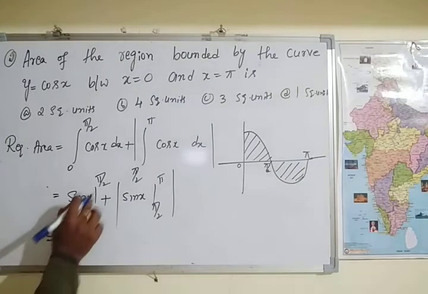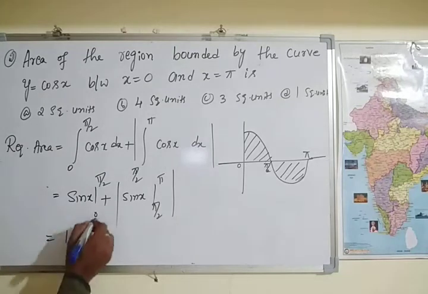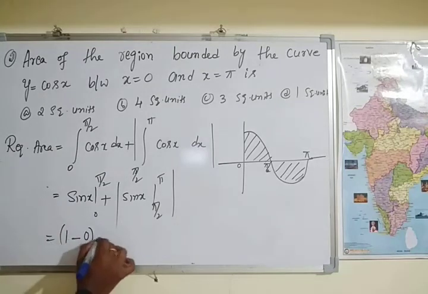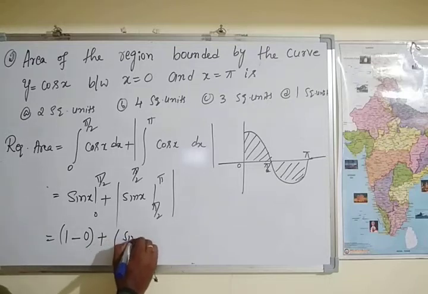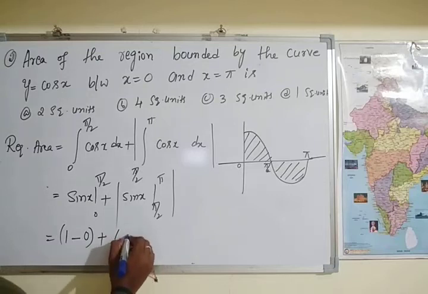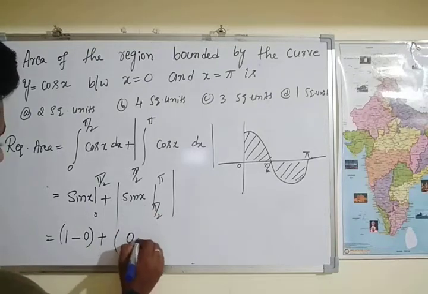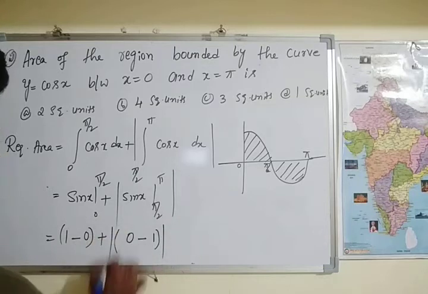Next, sin of 90 minus sin of 0. Sin of 90 is 1, minus sin of 0 which is 0. So 1 minus 0, plus the second term. Here we consider sin pi. Sin pi is 0, minus sin of 90 which is 1. But this result is in modulus.